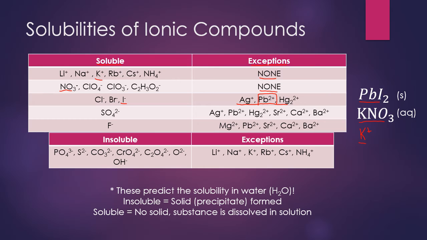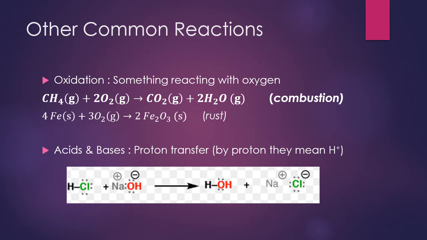Some other common reactions that we need to know are listed on this slide here. The one that I want you to focus on most is this combustion reaction at the top here.